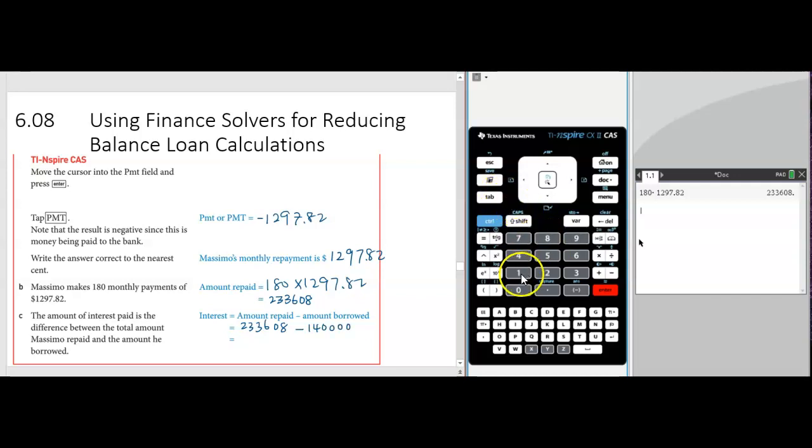So let's look at the difference. So I use the previous amount, enter, minus 140,000. Enter. Right, so 93,608. Okay, so I will take the answer as a rounded figure. You can leave it with 2 decimal points, up to you. So do remember to have the dollar sign.